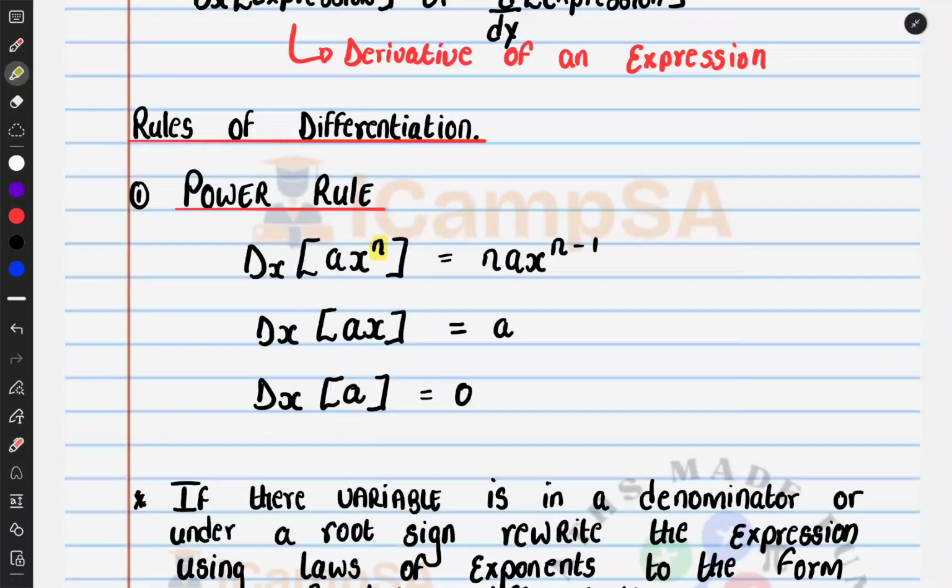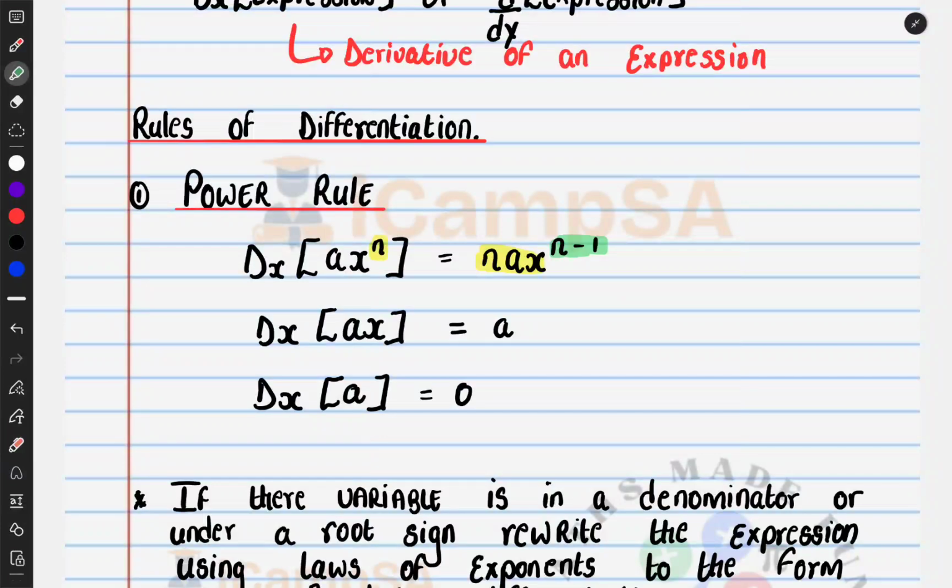We multiply the whole expression with the exponent, as you can see here, and then we subtract 1 from the exponent. That is how the power rule works.